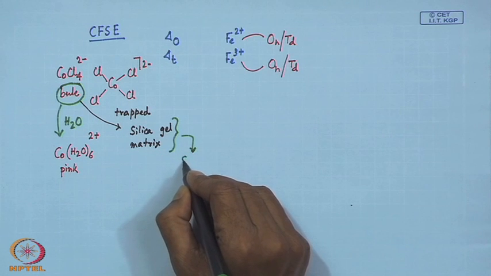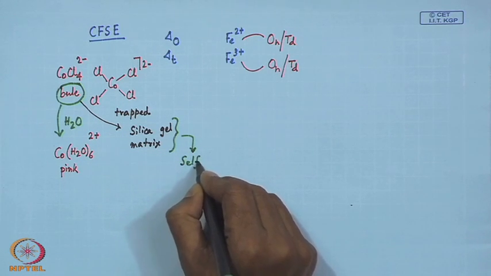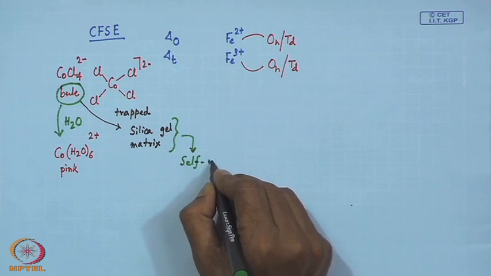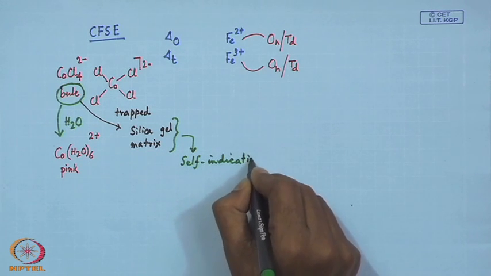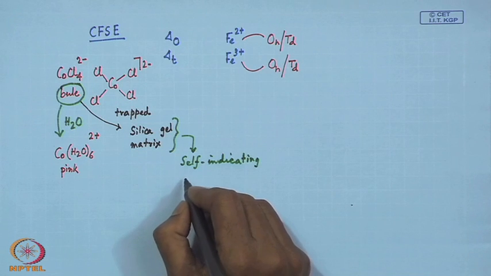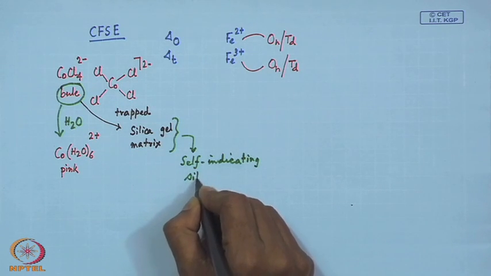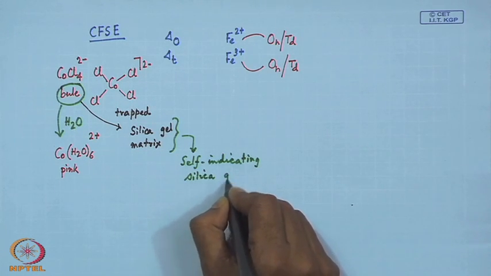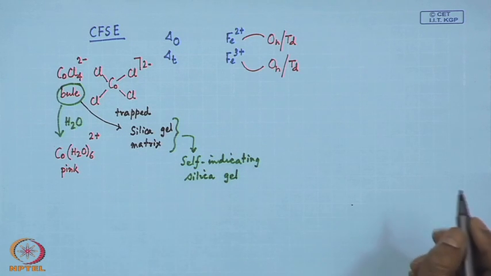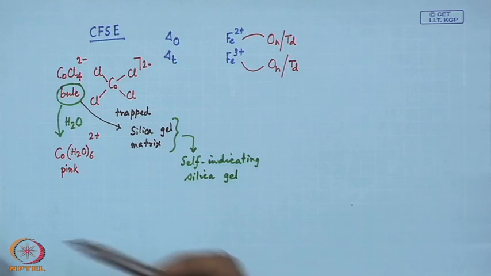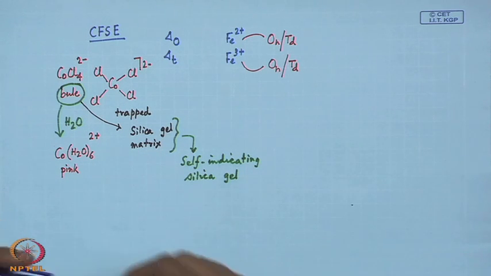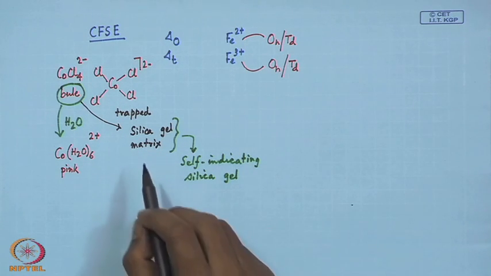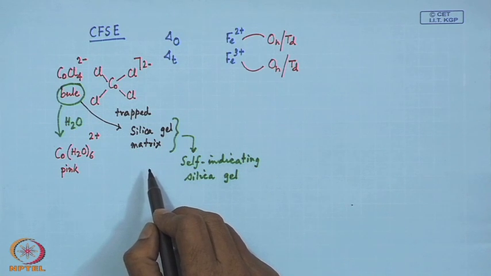So, it gives us the corresponding self indicating silica gel, where we can utilize this particular color change for indicating whether the particular silica gel can be used for dehydration or not.